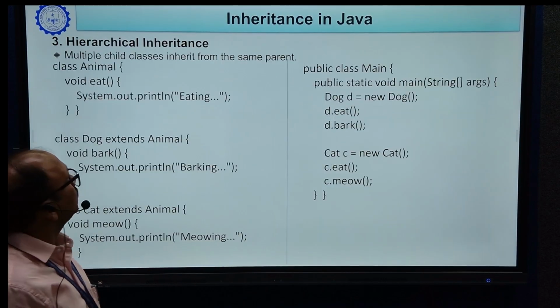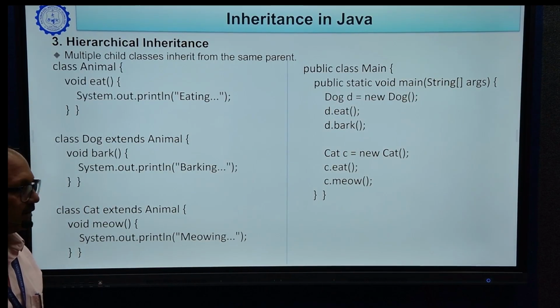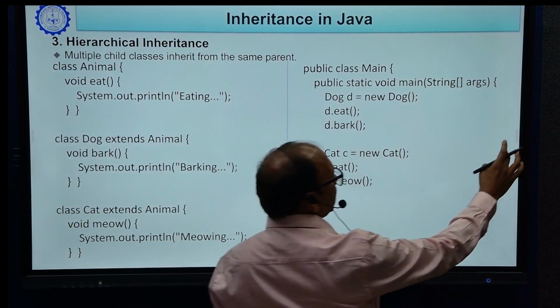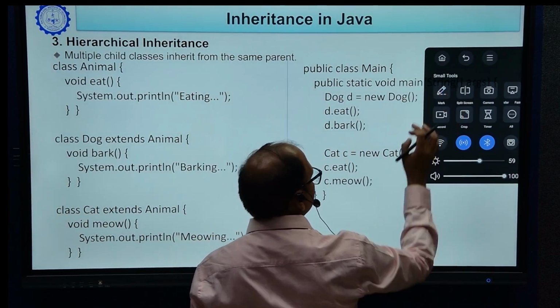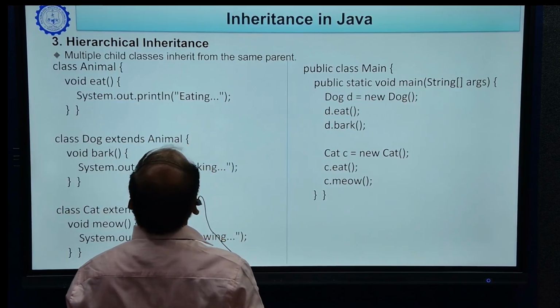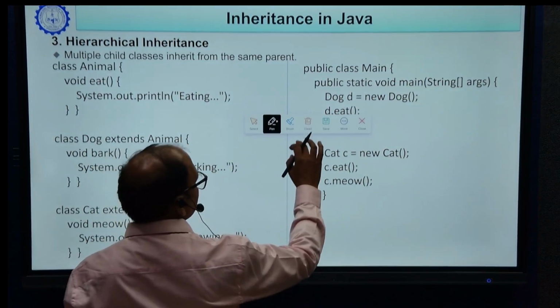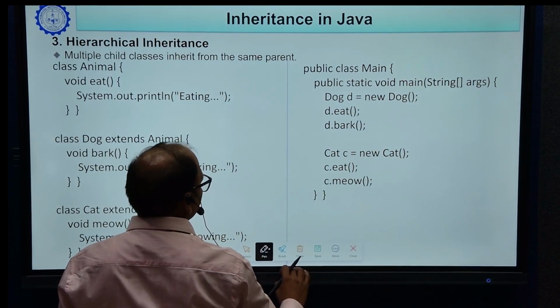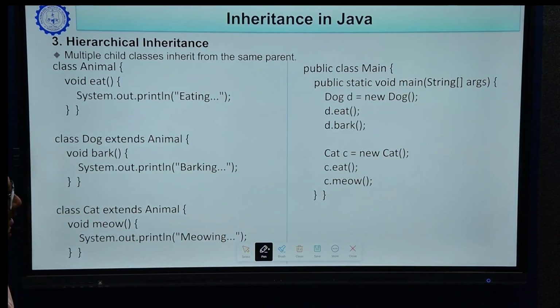Now next come to hierarchical inheritance. Now what is hierarchical inheritance? In hierarchical inheritance, a single class will be there and multiple children are there.